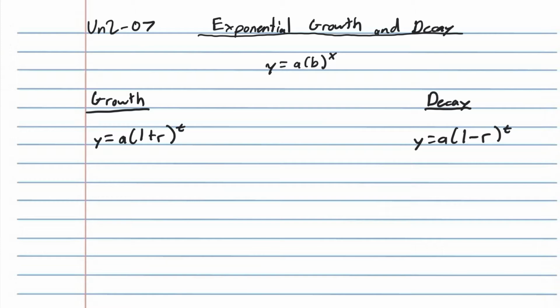Now it's important to know what each piece of this equation represents. So let's make a list right here. The y represents the final amount. Something's either growing or decreasing, and the y value is how much is there at the end. Versus a, which is the initial amount.